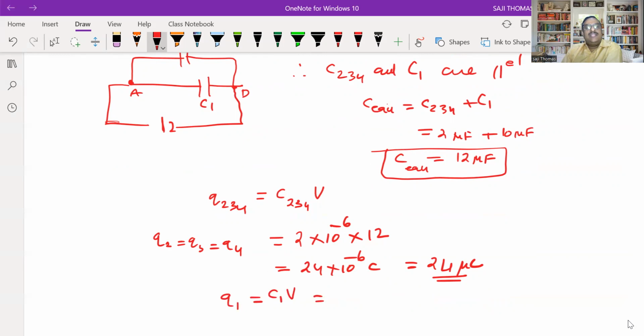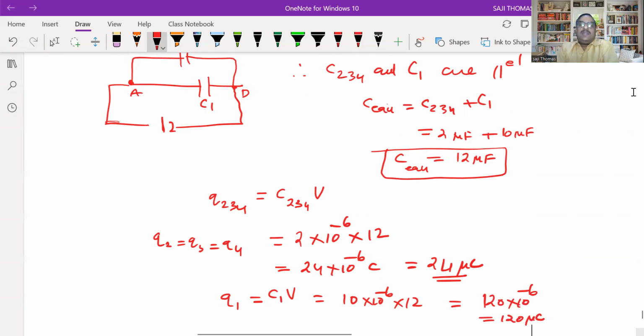C1 into V. C1 is given as 10 microfarad, into V, which is 12. So what will be the answer? 120 into 10 raised to minus 6, which is 120 microcoulomb.